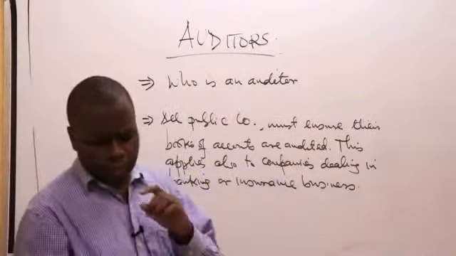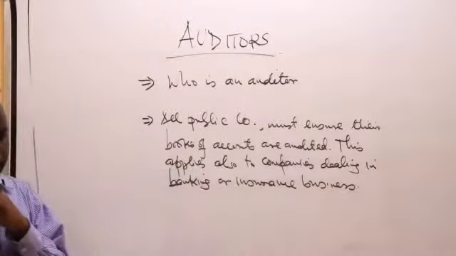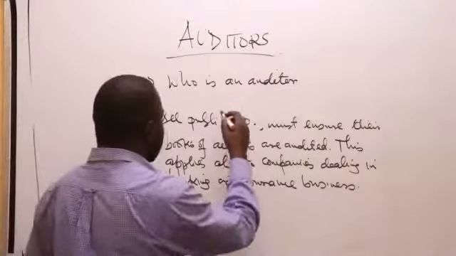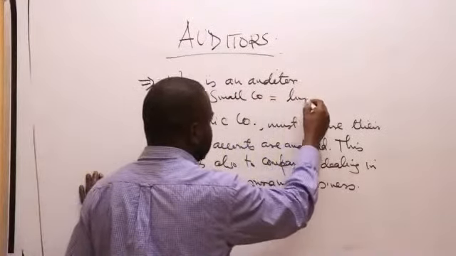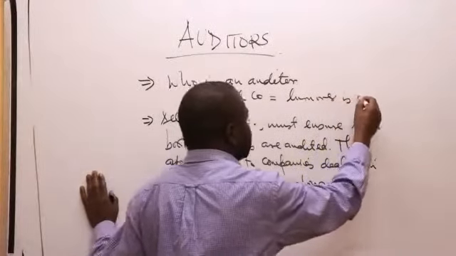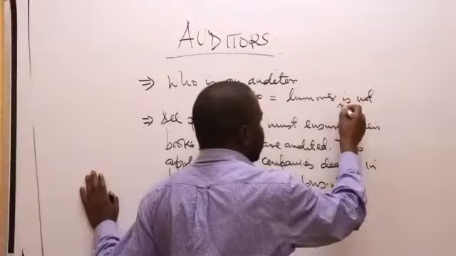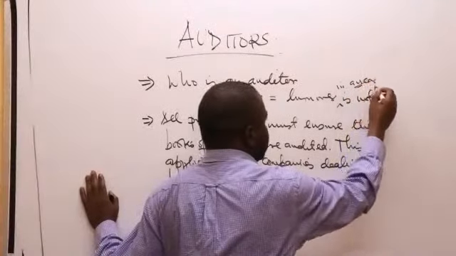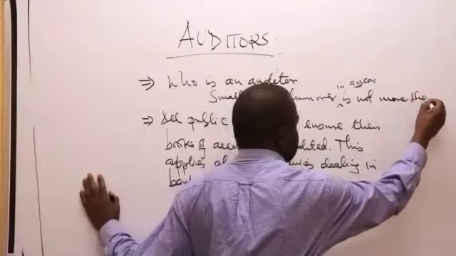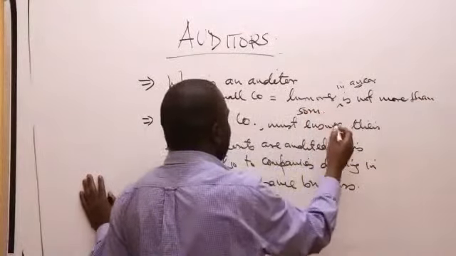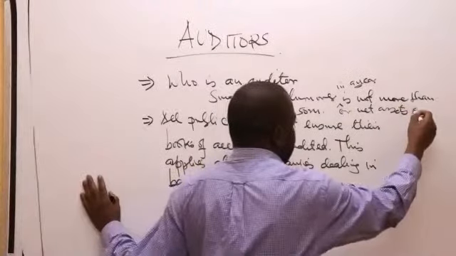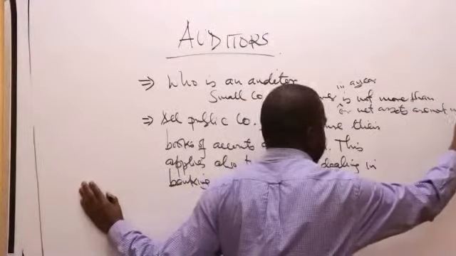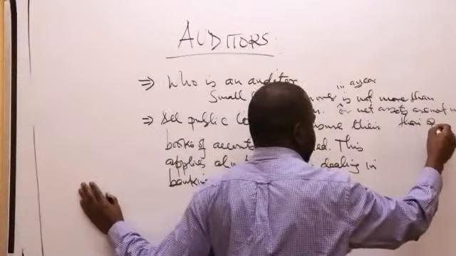The threshold for ascertaining whether a company is a small company is that the turnover in a year is not more than 50 million, or the net assets are not more than 20 million.